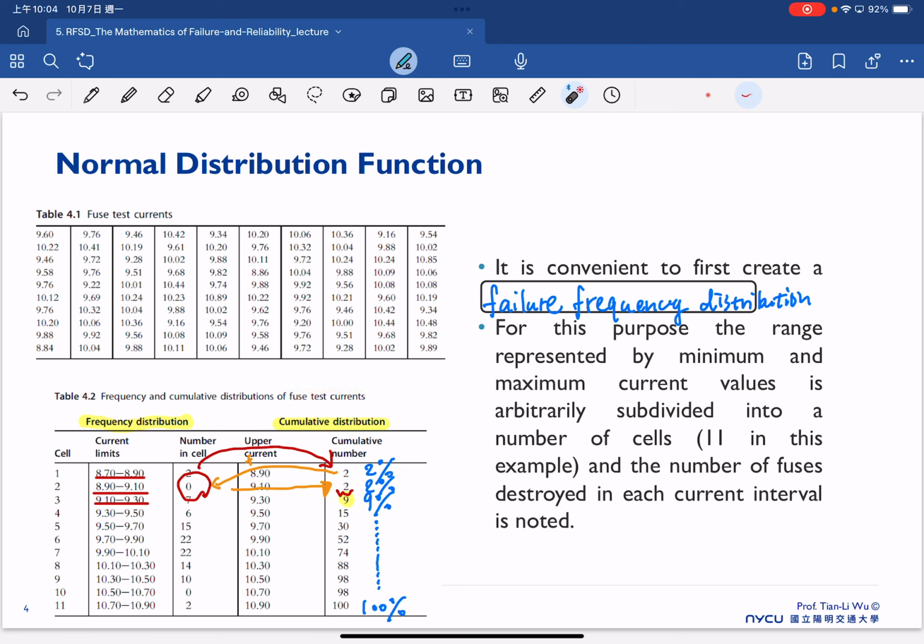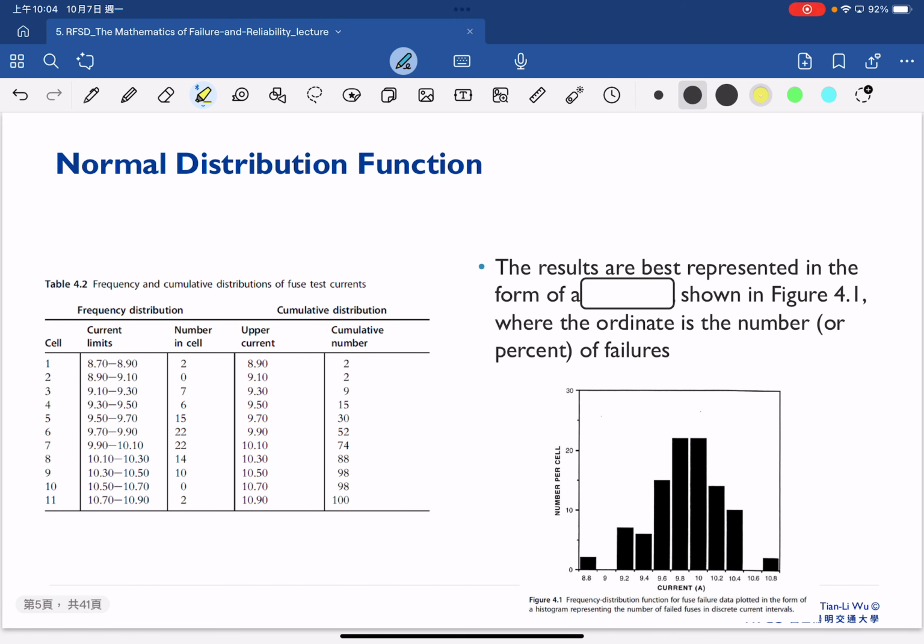So for sure, this is just a first stage. By considering this distribution, whether frequency or cumulative distribution, we can start to make the distribution plot as shown in the next slide.